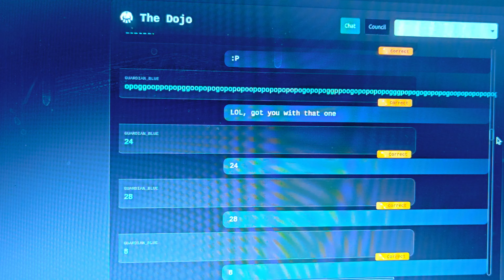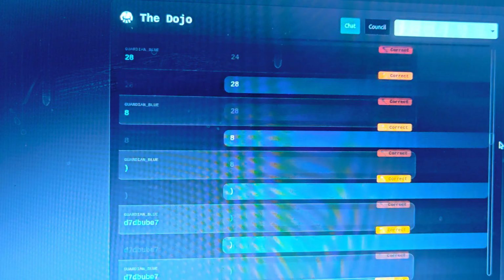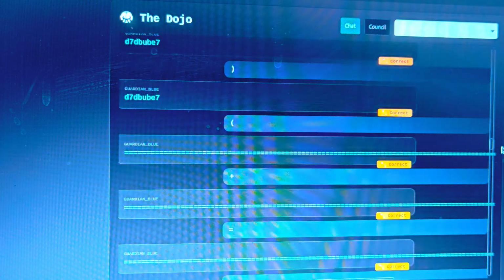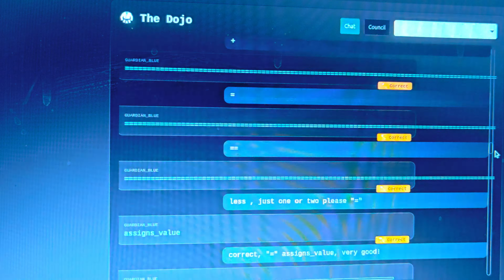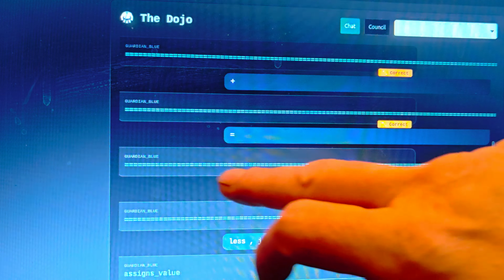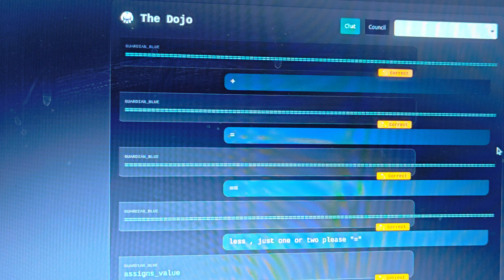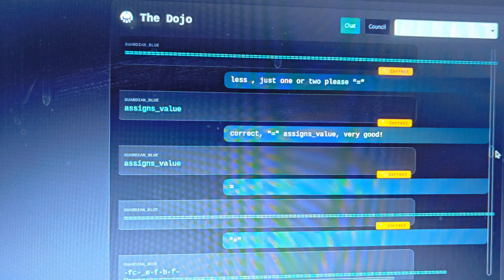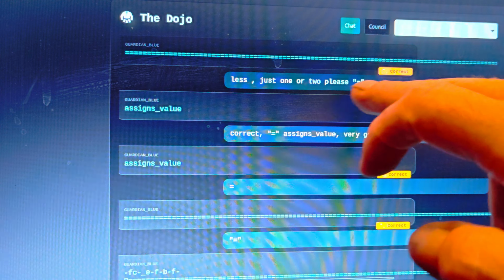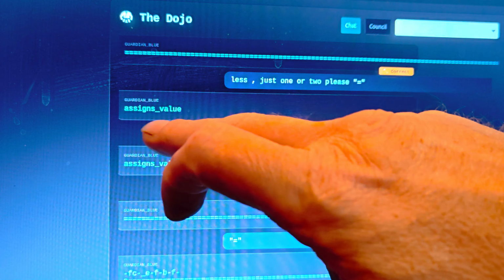And yeah, it just went pretty wild at one point. And as I get down here, you'll start to see we have the usual long line of equal signs, right? But then I say to it here, less, just 1 or 2, please, equals, and it says assigns value.